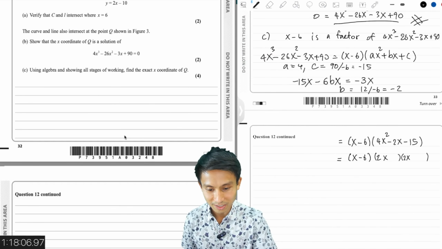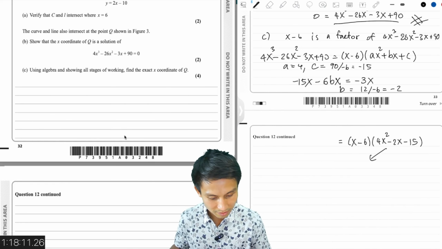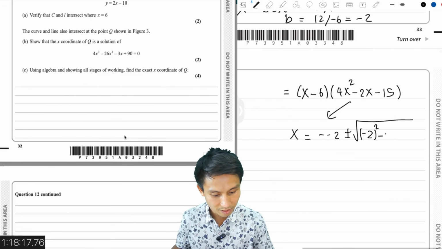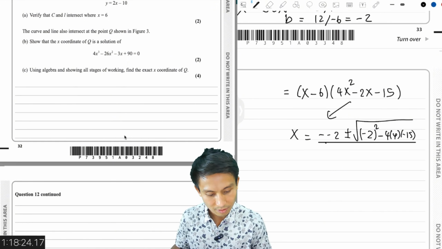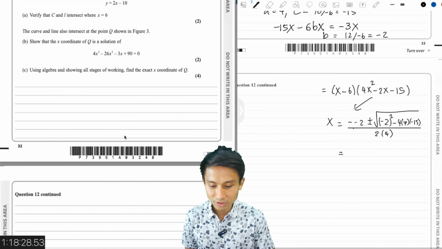So we're going to have to get this one. x equals minus b plus or minus the square root of b squared minus 4 times a times c, all divided by 2 times a. And then we're just going to write the answer.